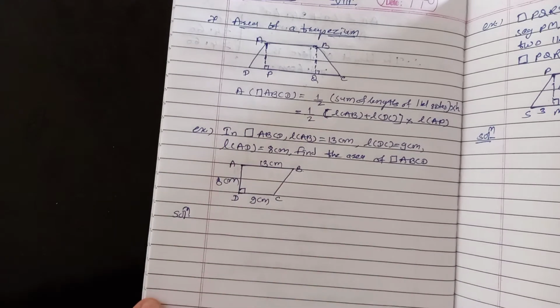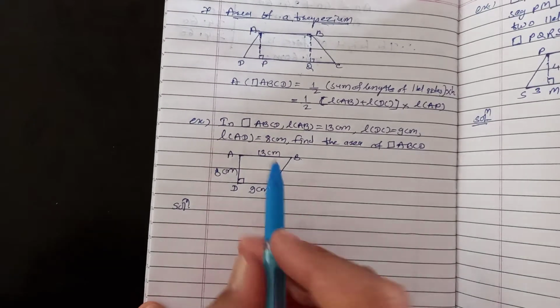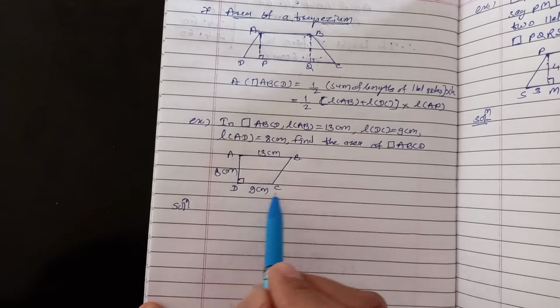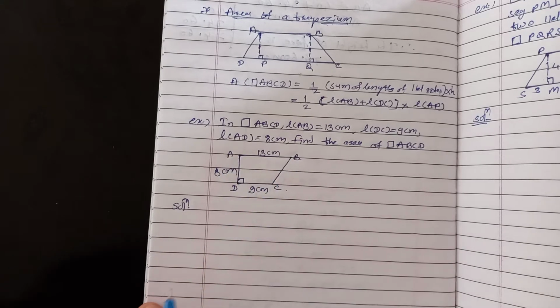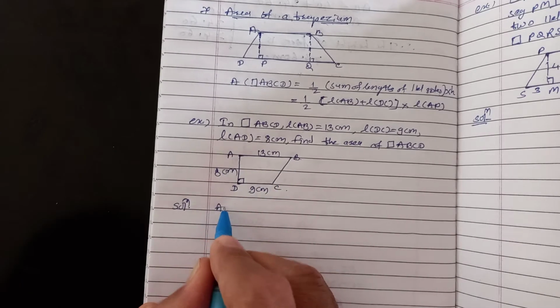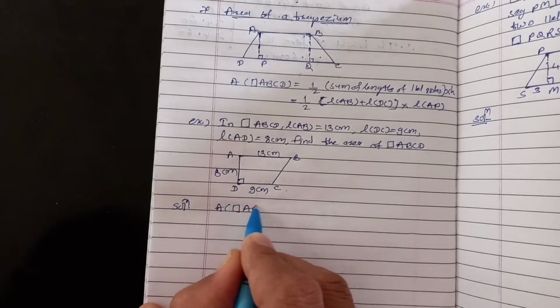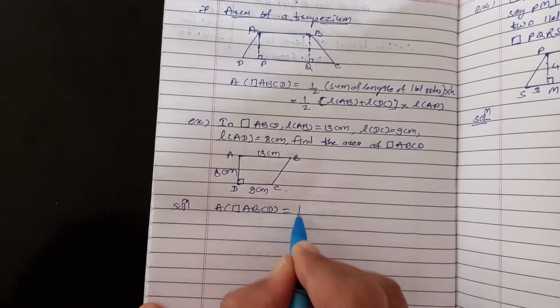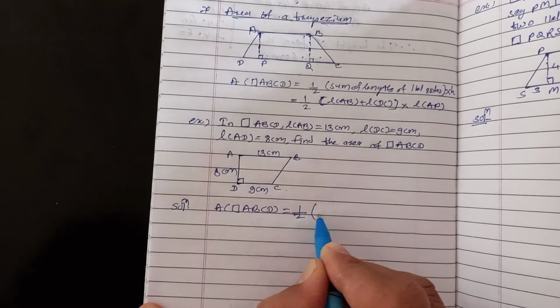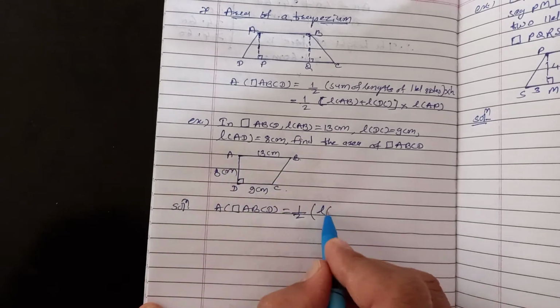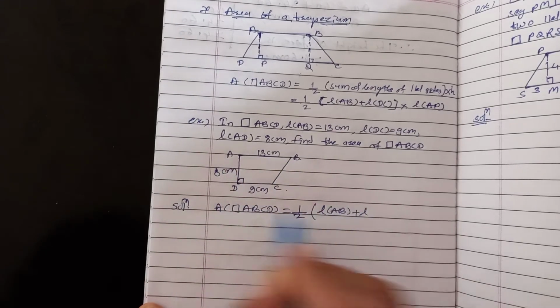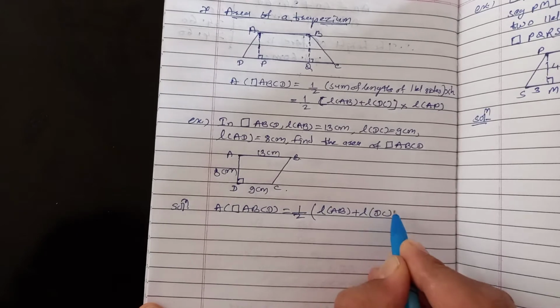Find the area of this trapezium. Now when we observe this figure, easily we can see AB is parallel to DC, which means this is a trapezium. So the formula: area of this quadrilateral ABCD, which is a trapezium, is equal to 1/2 into the sum of the lengths of the parallel sides. The parallel sides are what? AB plus length DC.